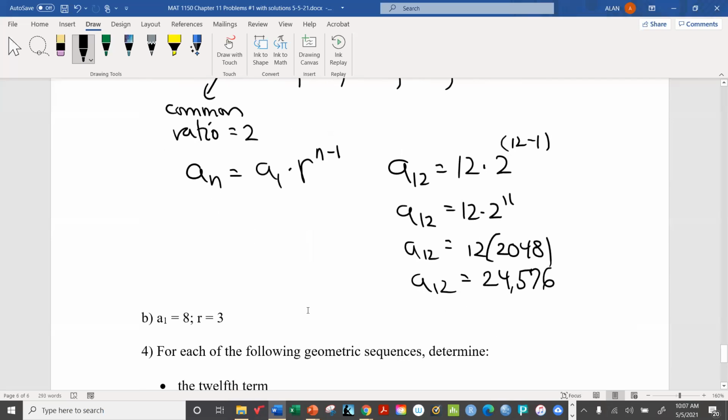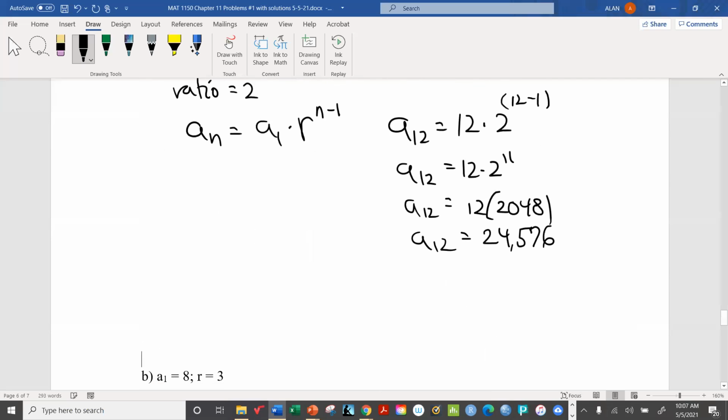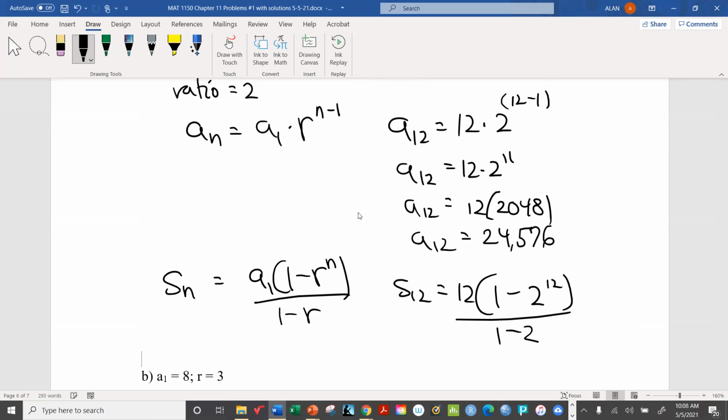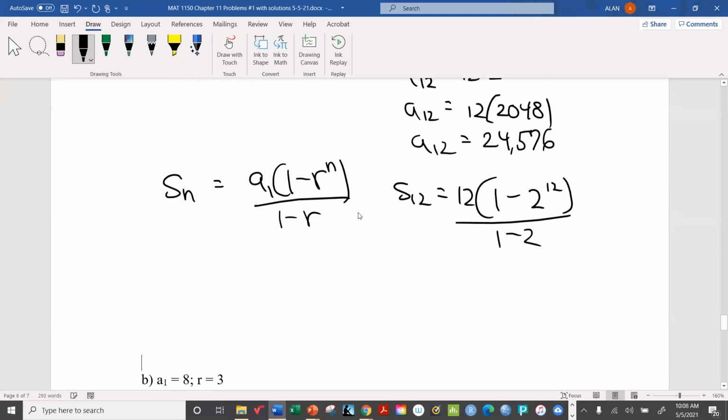Now the sum is a little bit messier. The sum formula is kind of a headache, as a matter of fact. We have a1 times 1 minus r to the n, over 1 minus r. Now it doesn't look that bad, but it can get very messy in a hurry. So here, for example, S12 would equal the first term, 12, times 1 minus 2 to the 12th. All right, so let's see what this gives us.